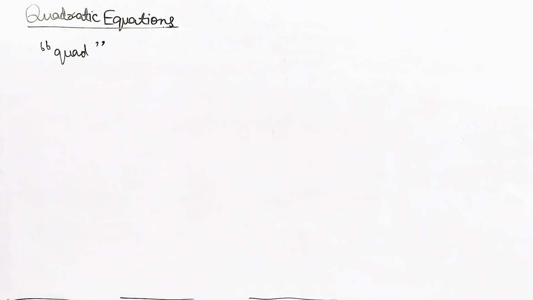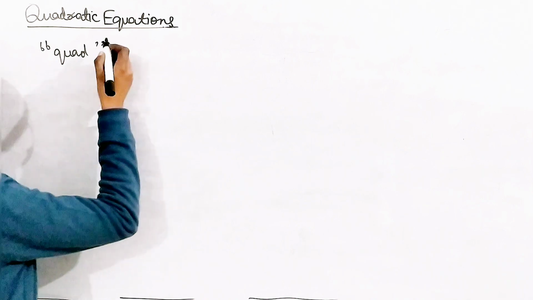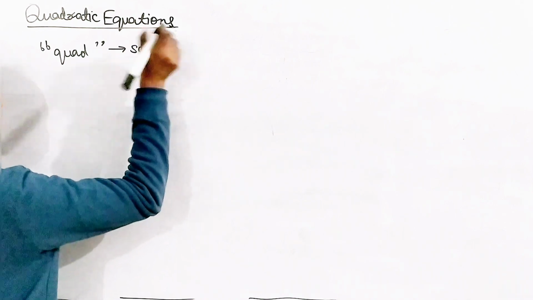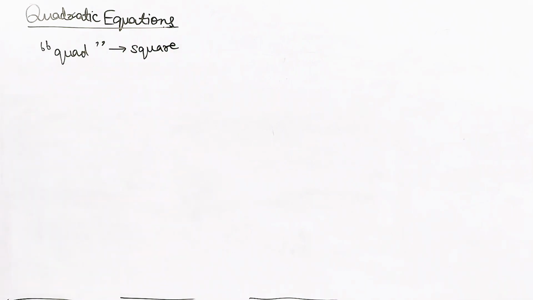I think I've already told you about this. So quad is for square. Next thing is, why is it related to squaring? It's because any variable we get, the variable gets squared.